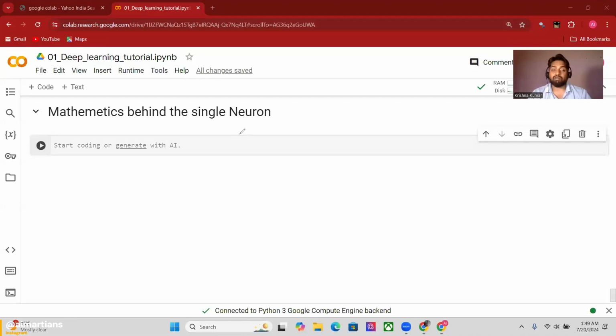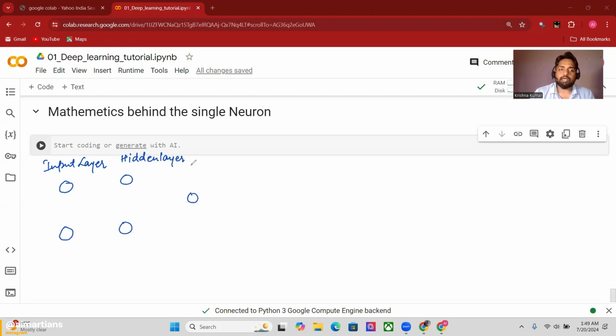So I just want to recall, like yesterday I created some sort of two input layer, two neurons in hidden layer, and one output layer. Okay, so this is one layer which is hidden layer, but it has two neurons, neuron 1 and neuron 2.